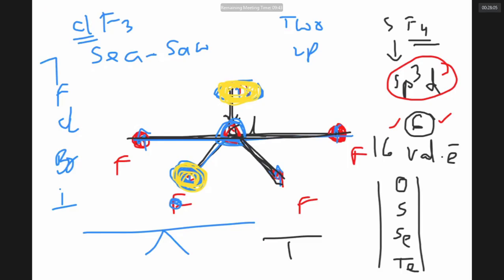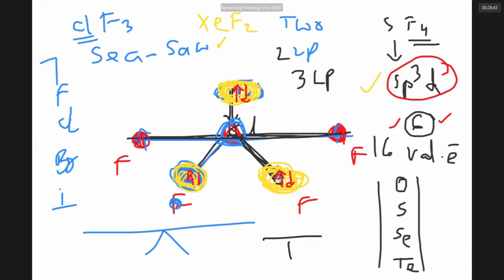Now let us suppose there are 3 lone pairs. Where will the third lone pair go? Equatorial position. If the third lone pair is going here, take XeF2. Xenon is using sp3d hybrid orbitals, but xenon has 8 electrons in the valence shell. 8 electrons are arranged like 1, 2, 3, 4, 5, 6, 7, 8.